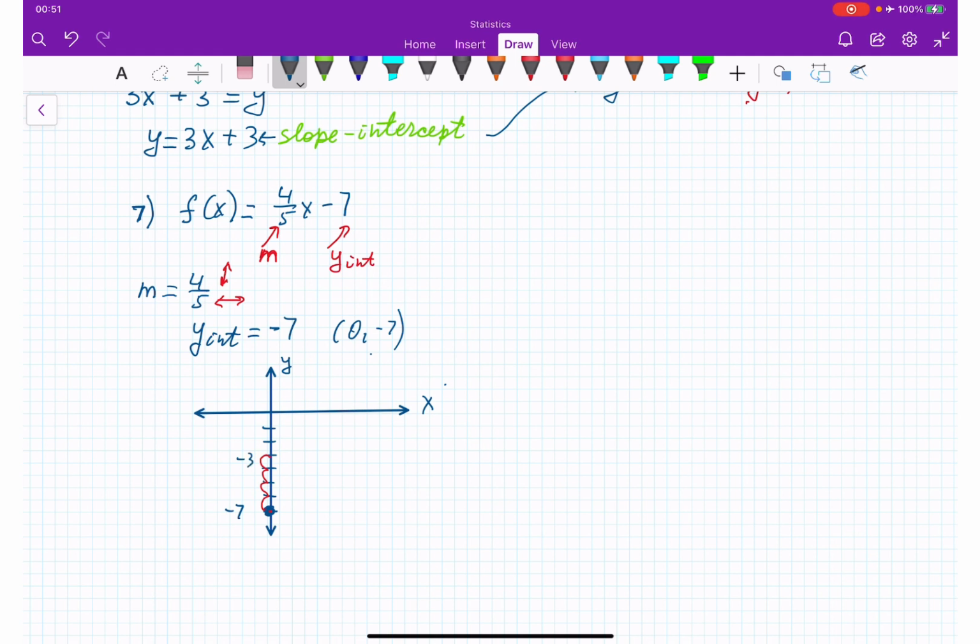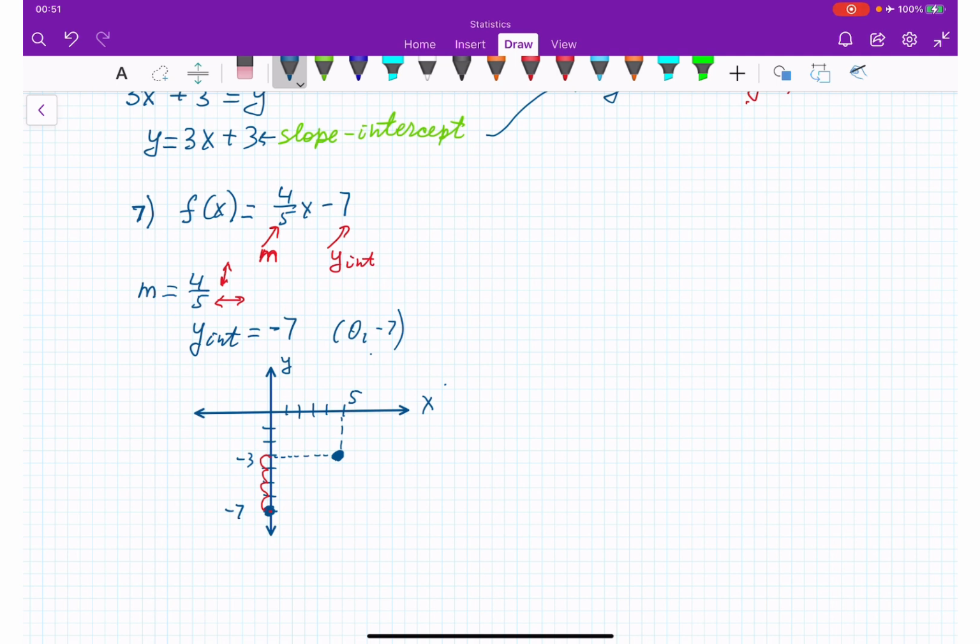Now, let's go here. We have to go by positive 5 horizontally. So let me break it down. 1, 2, 3, 4, 5. So from here, I'm going to go by 5. And now we have our points. The first point is our intercept. The second point will show our slope.